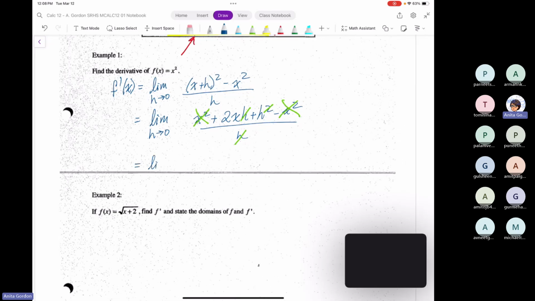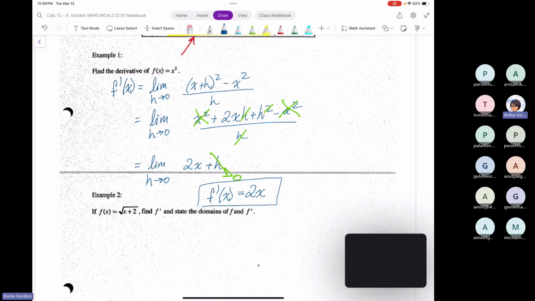So my limit as h approaches 0 of the simplified version is 2x plus h. Now I take the limit, which means let h go to 0. I can do this by direct substitution. So my derivative, f prime of x, is 2x.